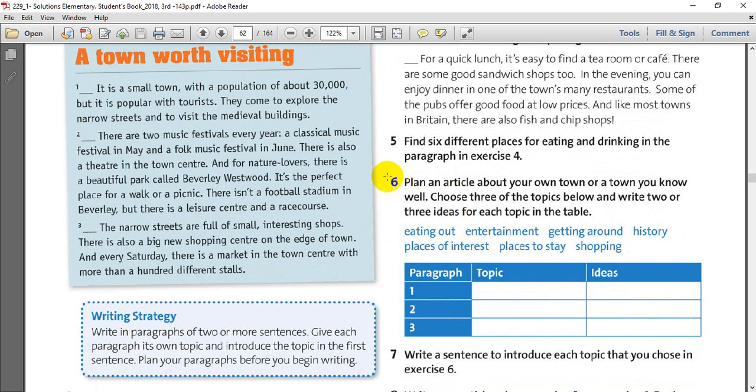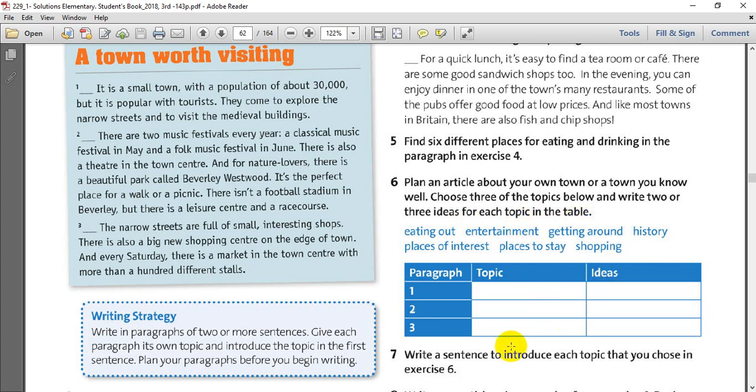Exercise number 6. Plan an article about your own town or a town you know well. Choose 3 of the topics below here and write 2 or 3 ideas for each topic in the table.